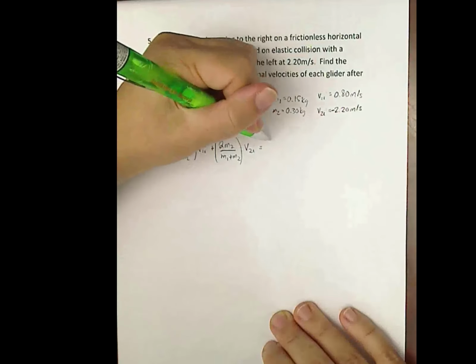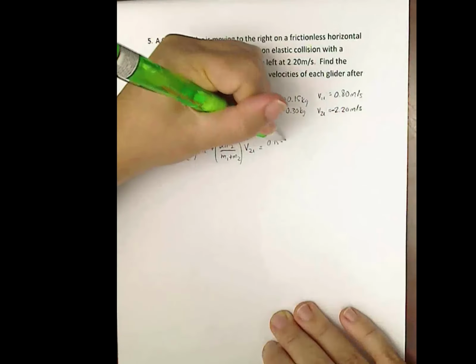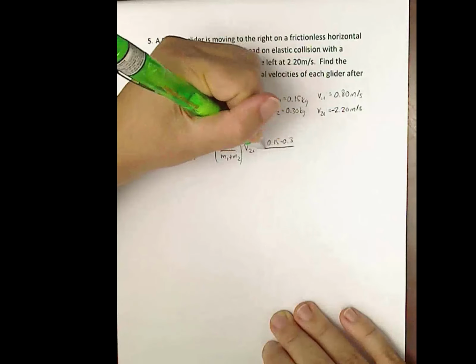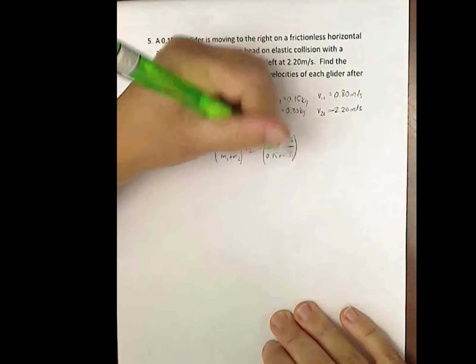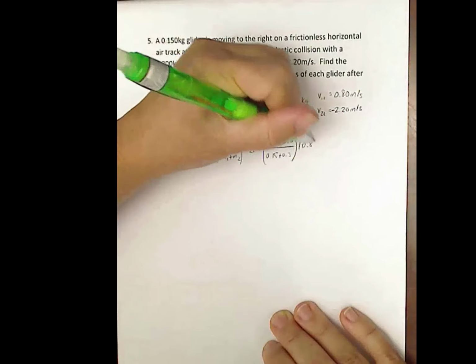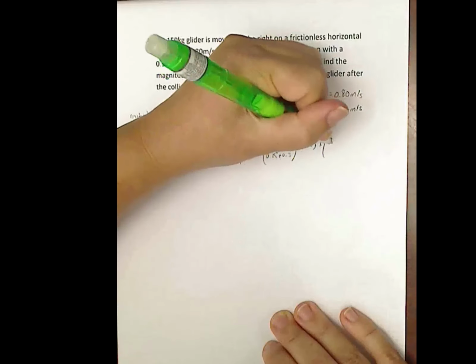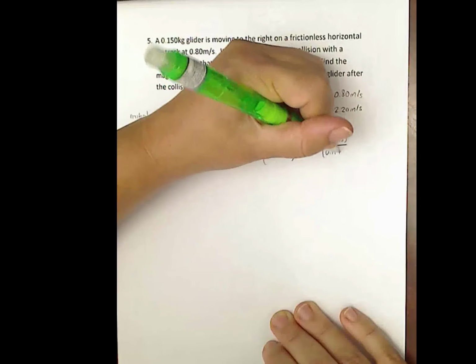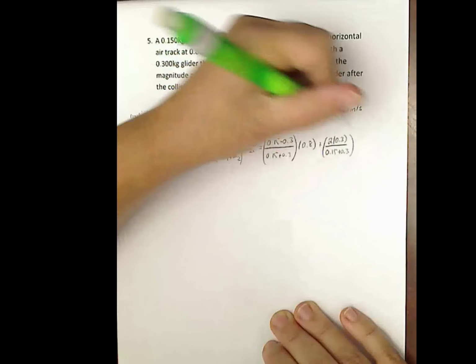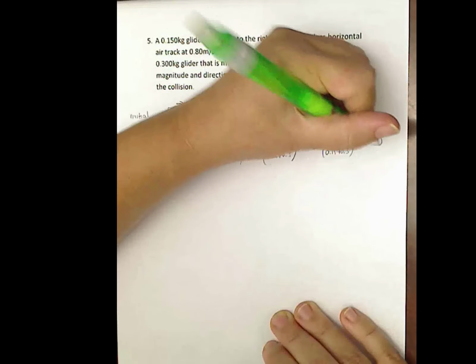So mass 1 minus mass 2, 0.15 minus 0.3 over 0.15 plus 0.3, times 0.8, plus 2 times mass 2, 0.3 over 0.15 plus 0.3, times negative 2.20.